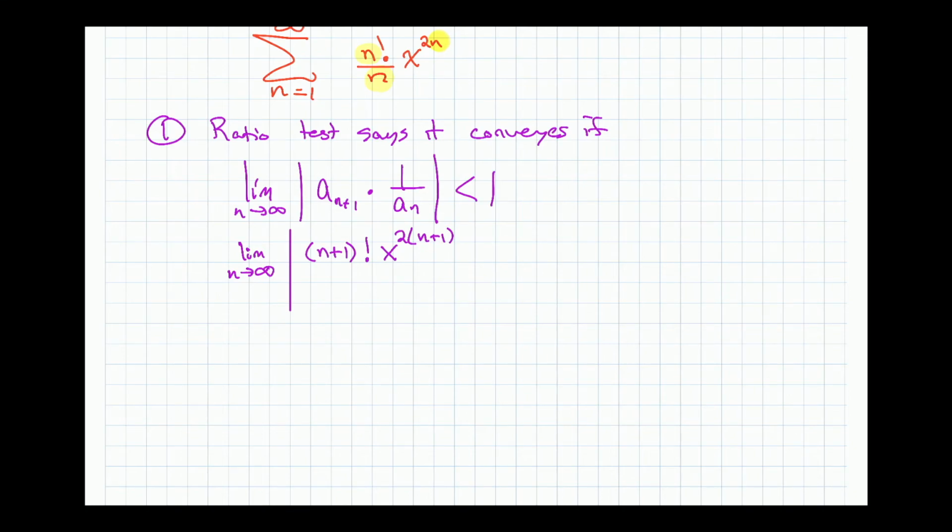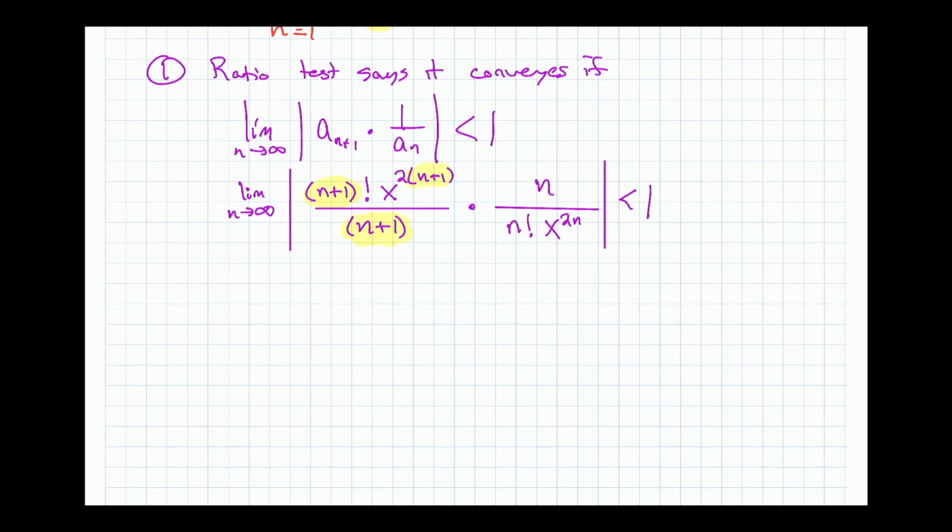You have to be careful with how you put in your n plus 1, so use parentheses there to get that correct. Then we've got times 1 over a sub n, which is just the series upside down. So that means n factorial on the bottom, x to the 2n on the bottom, and n on the top. All less than 1.